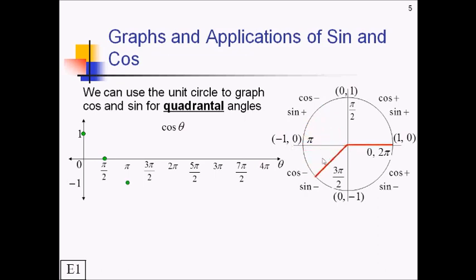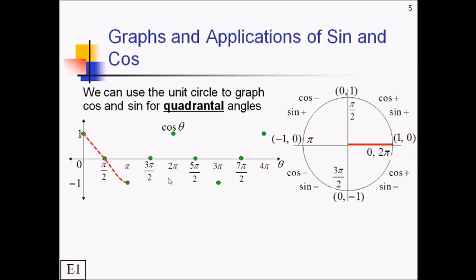And down at 270, back to 0. Yes, there's a pattern here. Going back to, this will be 360 now, or 2 pi. That's going to be 1 again. And it's going to keep repeating 0, negative 1, and then 0 again, and then 1.